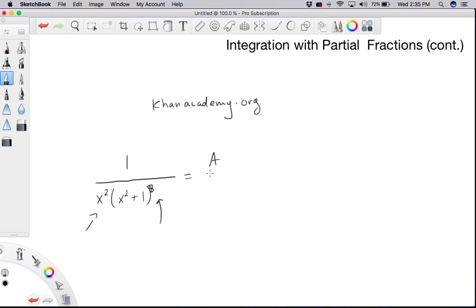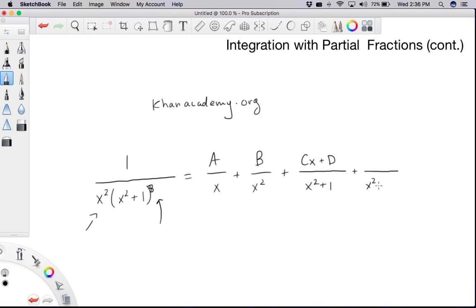This could be something over x plus something over x squared plus something over x squared plus 1. And then I'm going to remind you that because this is not a linear factor or the product of some linear factor, in other words, we have an irreducible x squared term, this has to be some coefficient with x plus a constant.